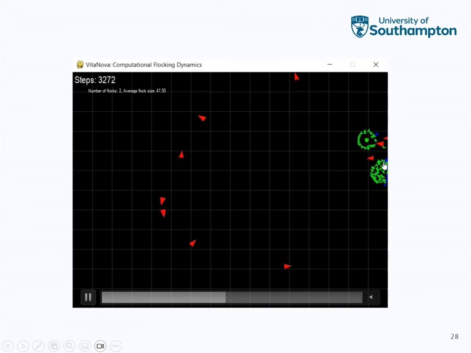Suddenly it starts splitting into two entities, and the new ring structure emerges here. And also it reproduces again. A ring structure moves toward the screen.